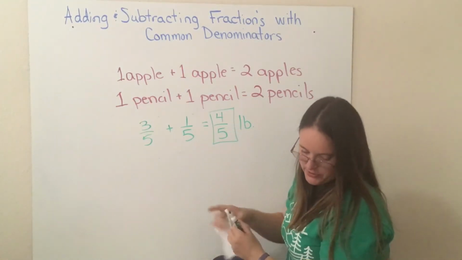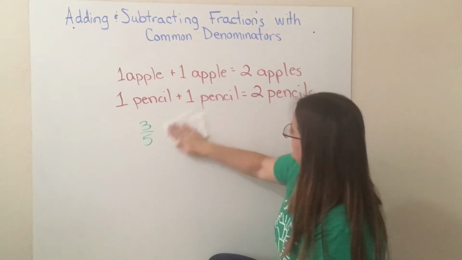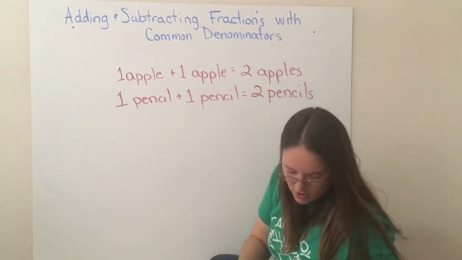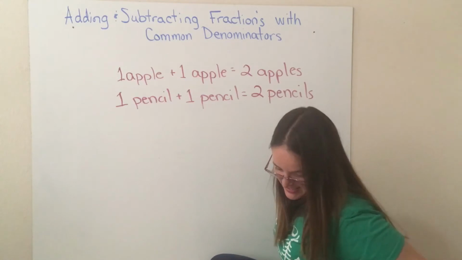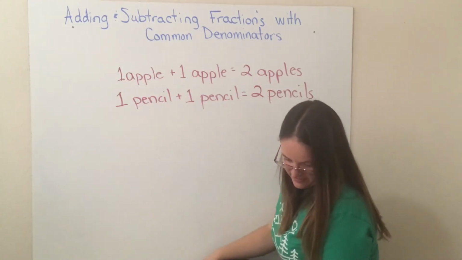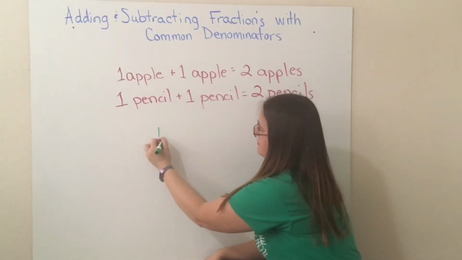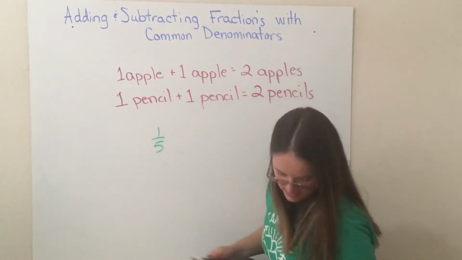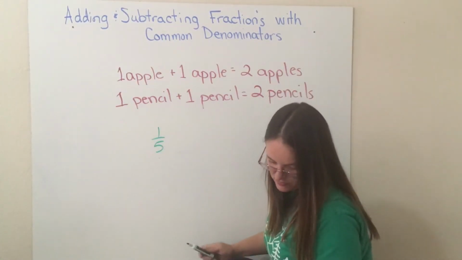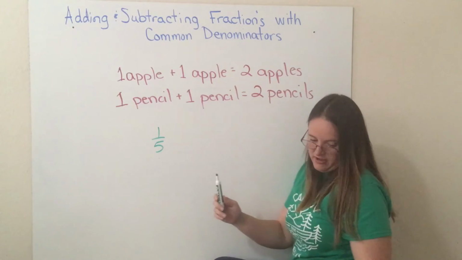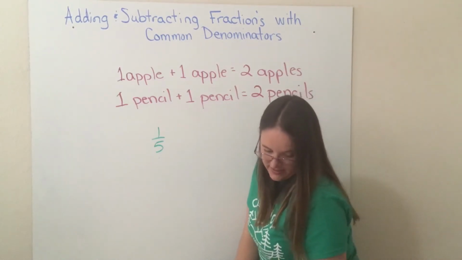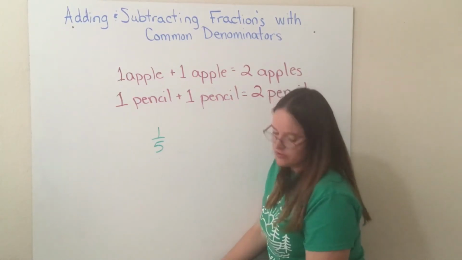Okay, example number 2. To make a small bow for a present, Denitra cut 1/5 of a yard of ribbon from a length of ribbon that was 3/5 of a yard long. What is the length of the ribbon that was not used for the bow?